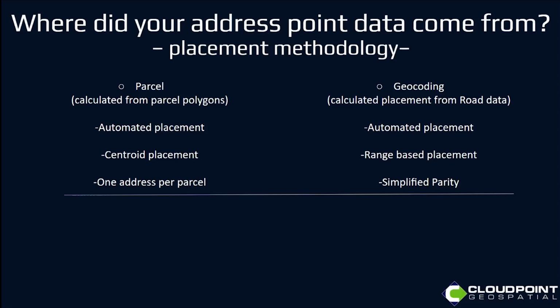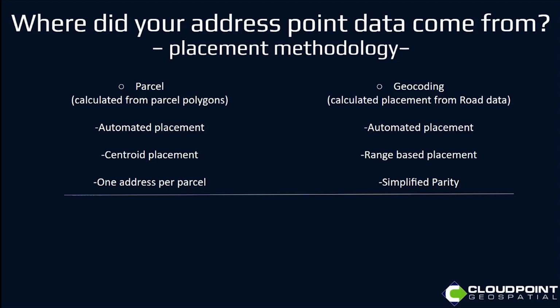Geocoding based on road data, again, that's automated, but it's based on a range placement. So with NG9-1-1, the road center lines need to have a left and a right from to range. So the address that you might have will be calculated somewhere along that from to range. So if you have a from 1 to 100 and your address point is 50, it'll be right in the middle.